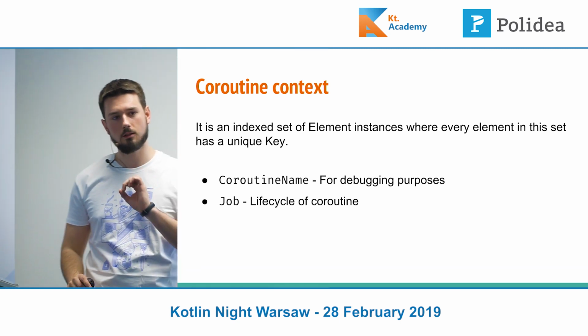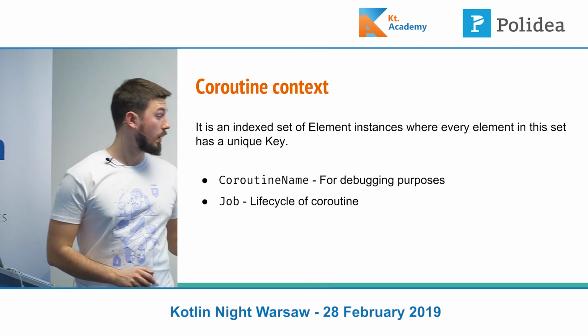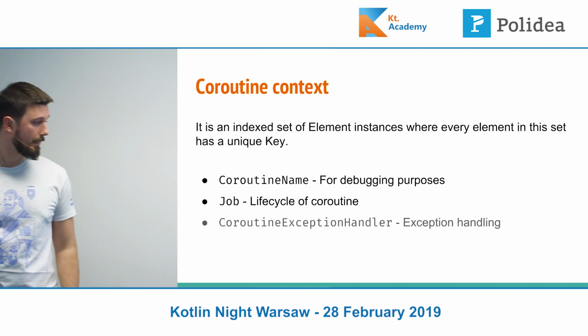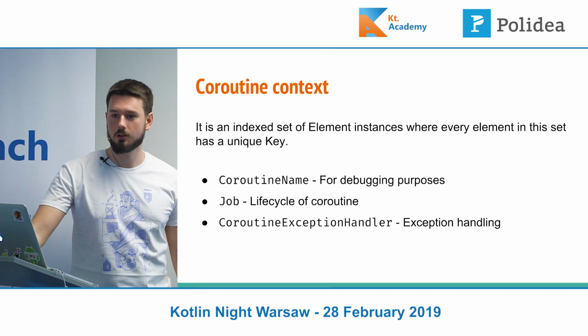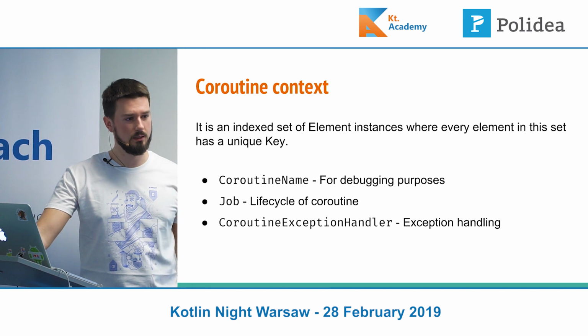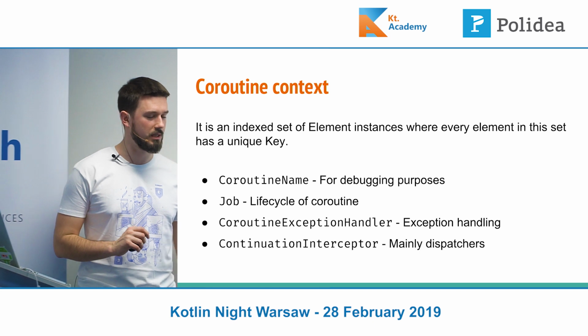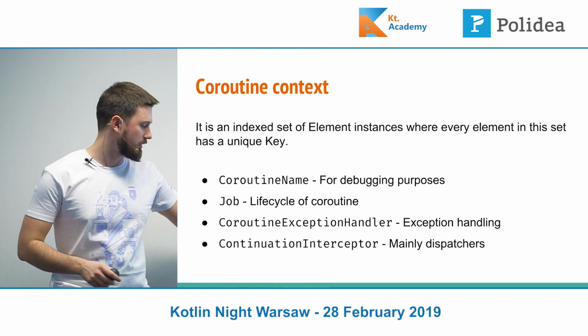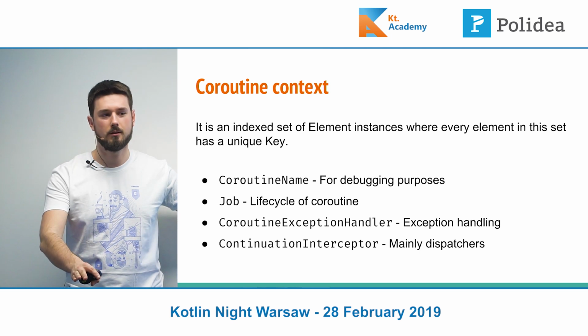You can use it to cancel coroutines or you can use it to await for coroutines. We have CoroutineExceptionHandler, pretty useful, a universal exception handler for many coroutines. And finally, we have the continuation interceptor, which is like a God class. It intercepts continuation, so it can be used to do everything.